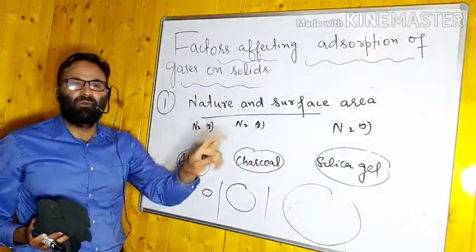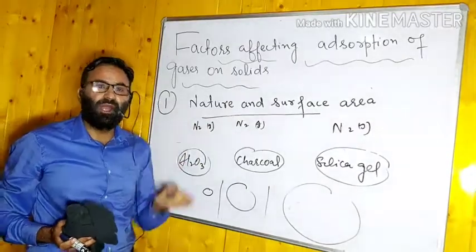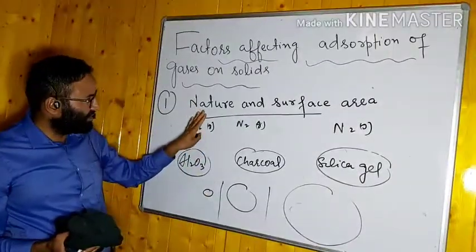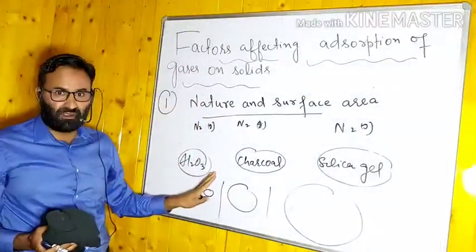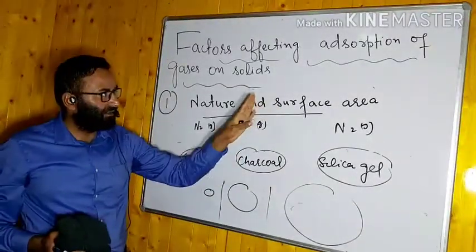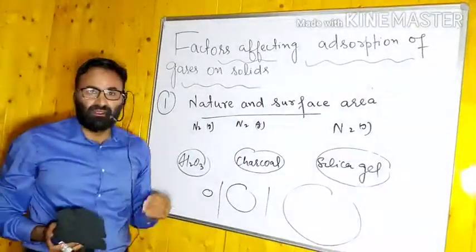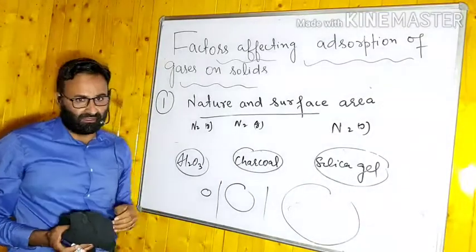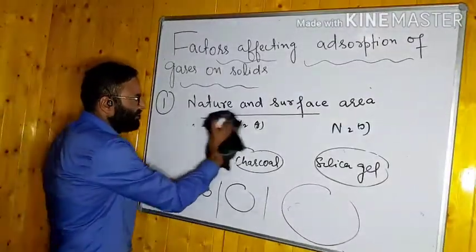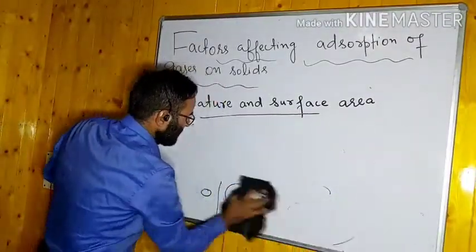You have to remember 2 points. The first is that adsorption depends upon the nature of adsorbent. The second is that the greater the surface area of the adsorbent, the greater will be the rate of adsorption. I will mention these 2 points here for the first factor.